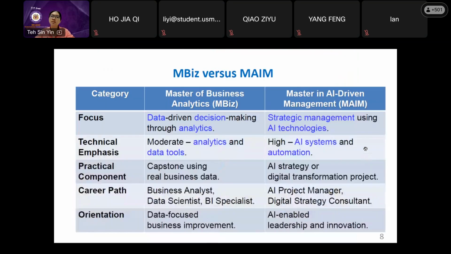And my next question will be, what are the differences between Master of Business Analytics and Master in AI-driven Management? So this is like when we launched this new program 6 years ago, people kept asking us, what is the difference between Master of Data Science and Master of Business Analytics? I will talk about it in the next slide.